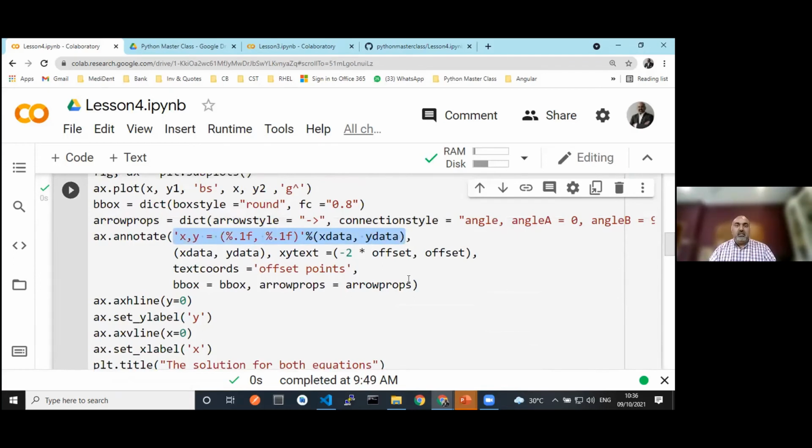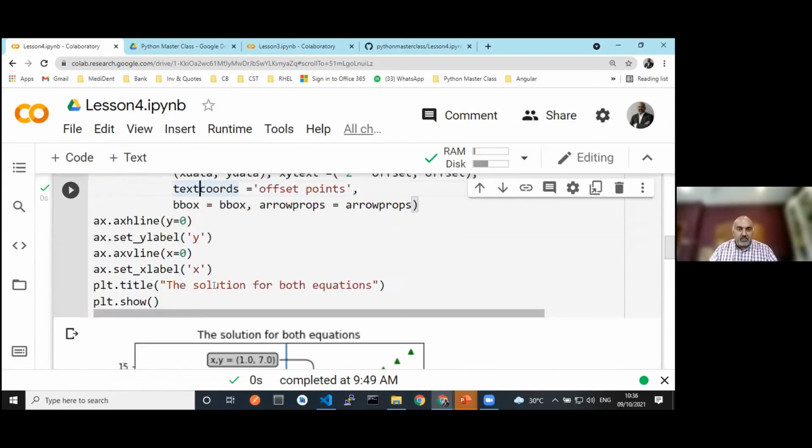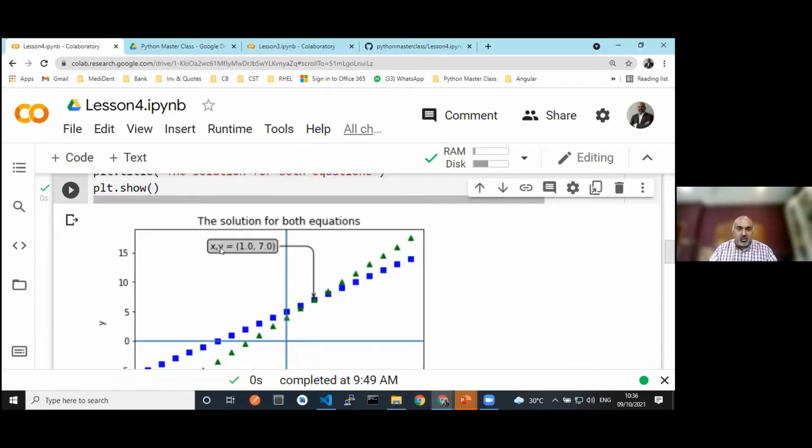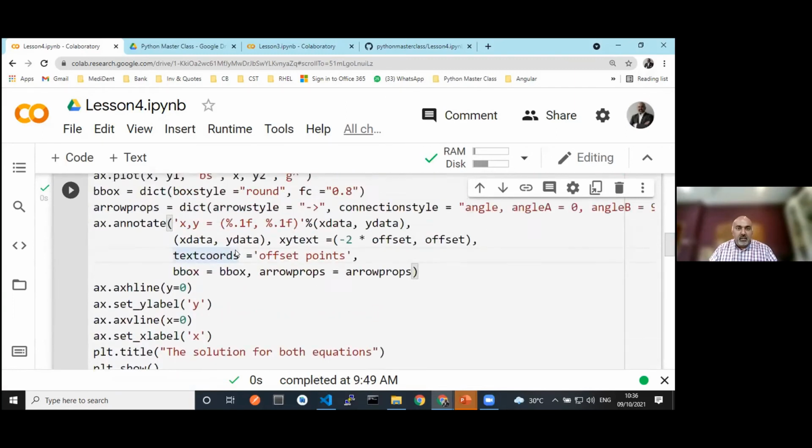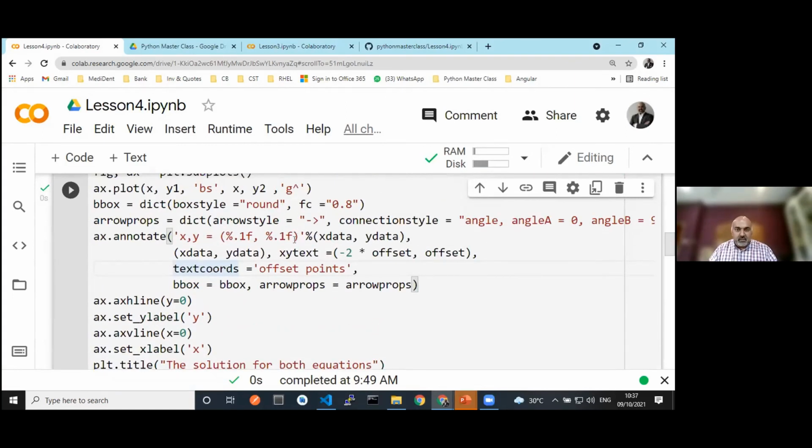value is what you want to plot. Okay, so you can see that I want to plot x comma y. This x comma y is this x comma y here. Then I have the brackets, and inside the brackets I have a percent sign dot. That means there is a value that needs to be put here with 1 decimal place, and f means it's a floating point, which is a decimal number.